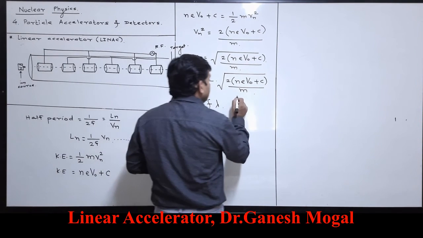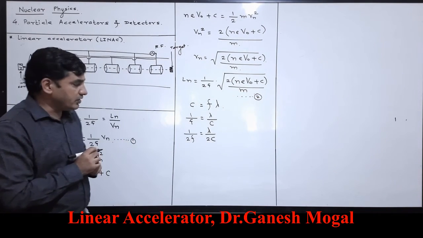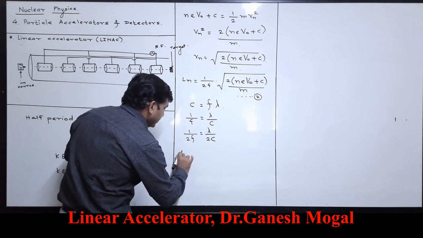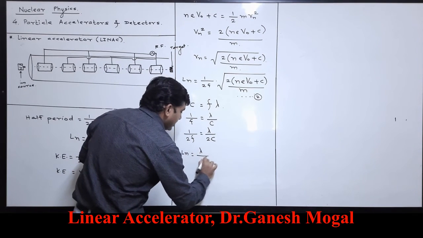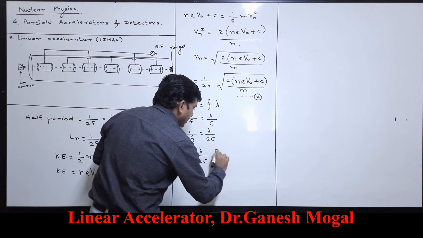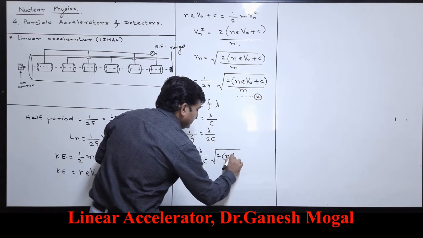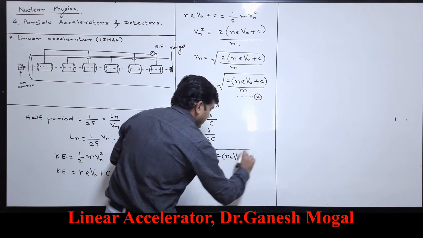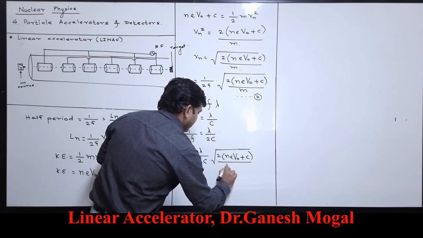Putting this value in equation number 2, we get ln is equal to lambda upon twice c, into under root of 2 n E V0 plus c divided by m.